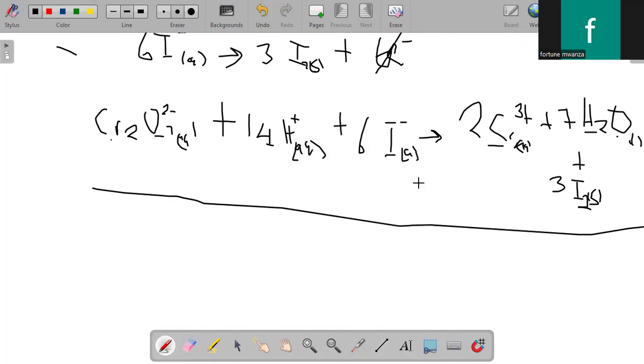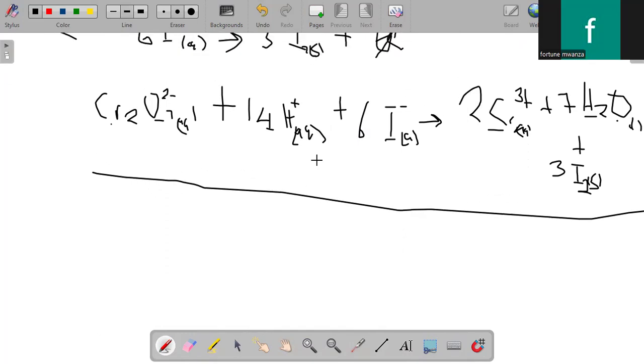The next thing you do is check the overall charge. So we check on the reactant. We have 2 minus there, then we have positive 14, and then we have minus 6.